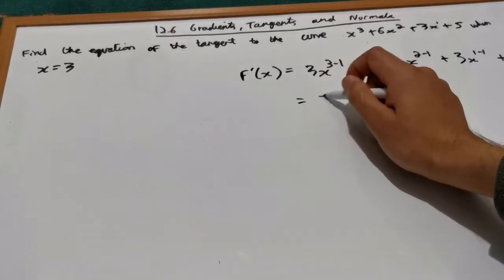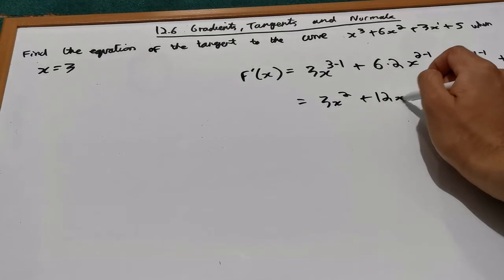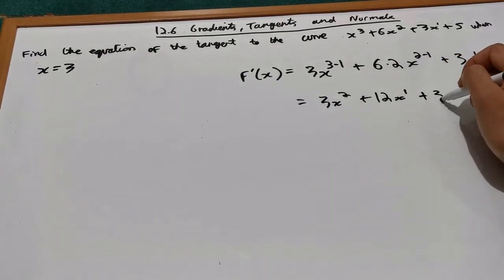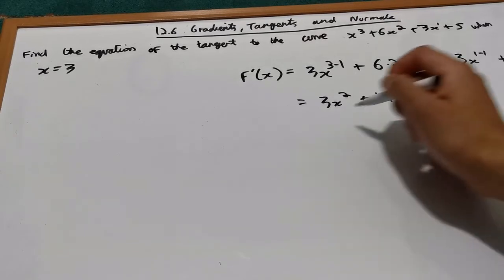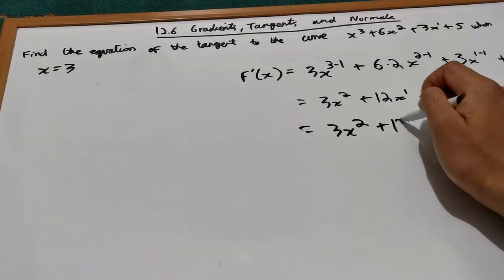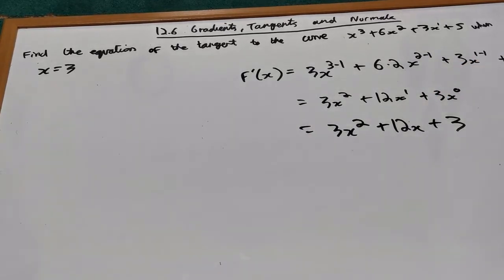And we can simplify this to make it 3x squared, add 12x to the power of 1, add 3x to the 0, and as we know, anything to the power of 0 is just 1, therefore this simplifies down to just 3.